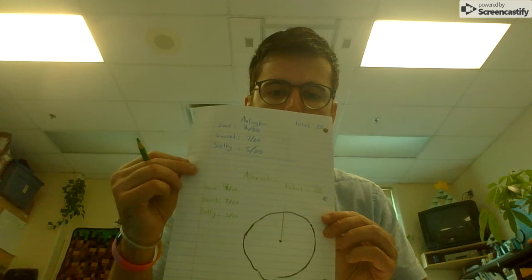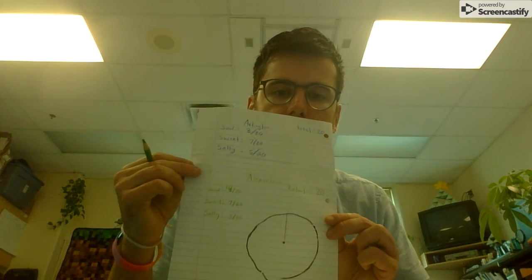Now, if your first pie slice is not 50% or 1/2, you're just going to draw one line like this. That's going to be your first step. Make a radius.